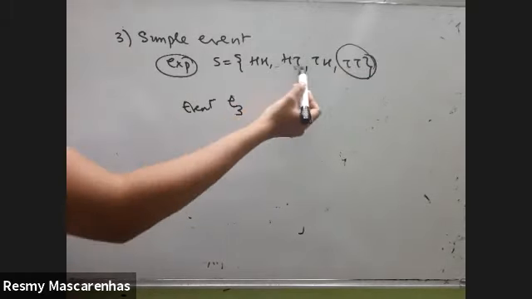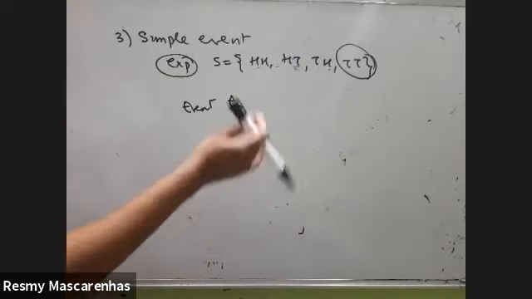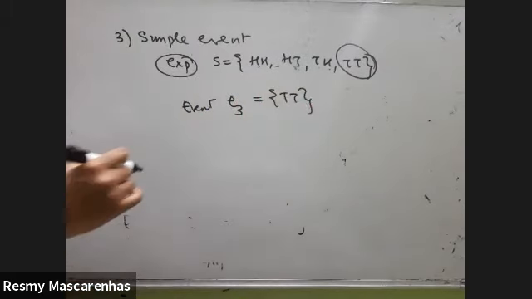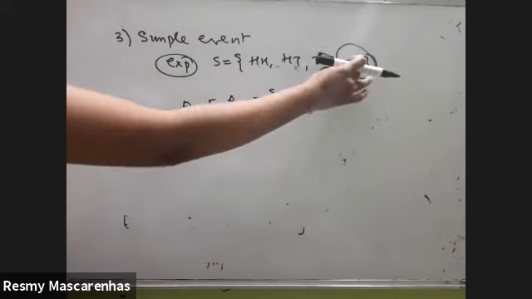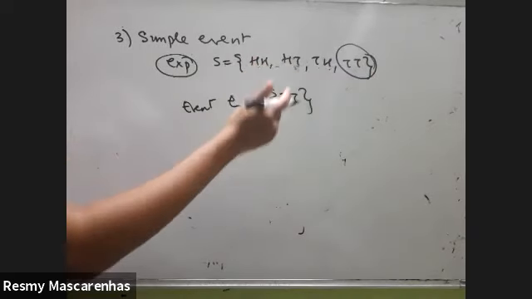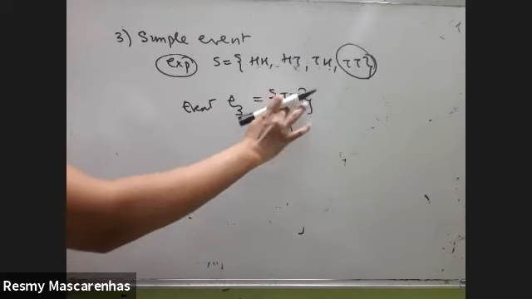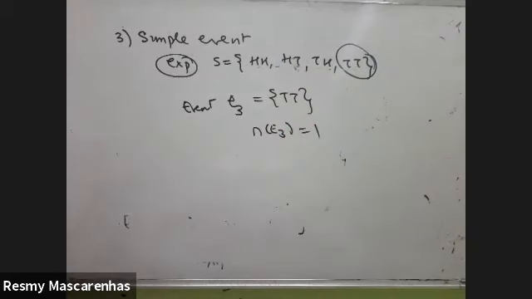Rest all is having head, but they want only that element which has tail on both the coins. And this has to be considered as only one element, since the comma separates just one. So how many elements are there in E3? Even though there are 2 letters, the element is considered as one. That's why it will be called a simple event.